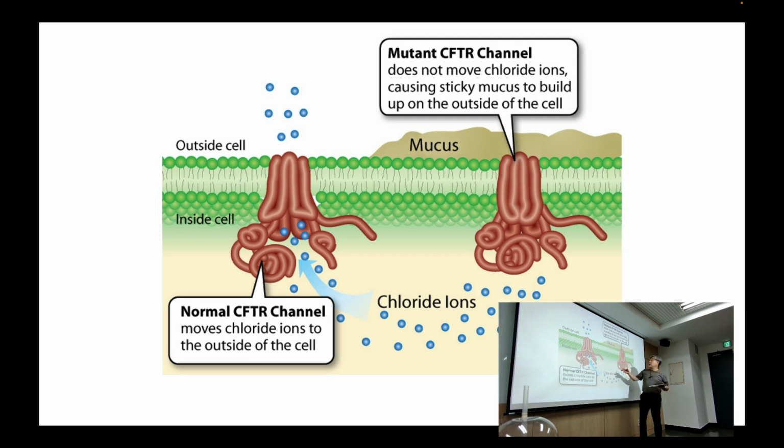Similarly, because of this, you have a very thick mucus buildup, to which many different infectious microorganisms can settle in, and then they have a much easier chance to get inside.